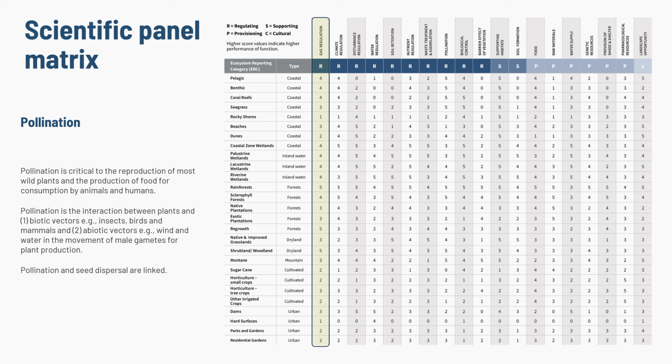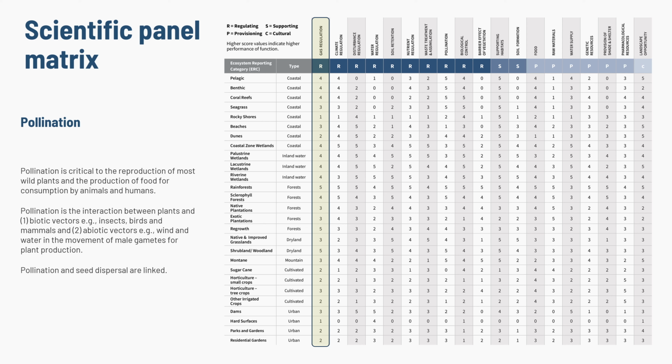So any hectare of rainforest in our analysis, in this particular scenario analysis tool, would get, if it's a hectare of rainforest, a fully performing hectare associated with that particular ecosystem type. Whereas if I look at rocky shores, which is only 1 out of 5, well, a hectare of rocky shores would only count for 1/5 or 20% of a hectare of the full performance of that function.